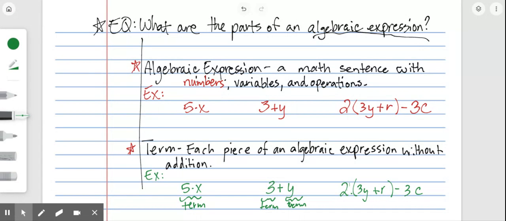So there's going to be a term right here, term. There's going to be a term right here, term. And there's going to be a term right here, term. So there were 3 terms in that one. Okay, again, each time I write an algebraic expression, I can break it down into the pieces or the terms by separating it with addition or subtraction.